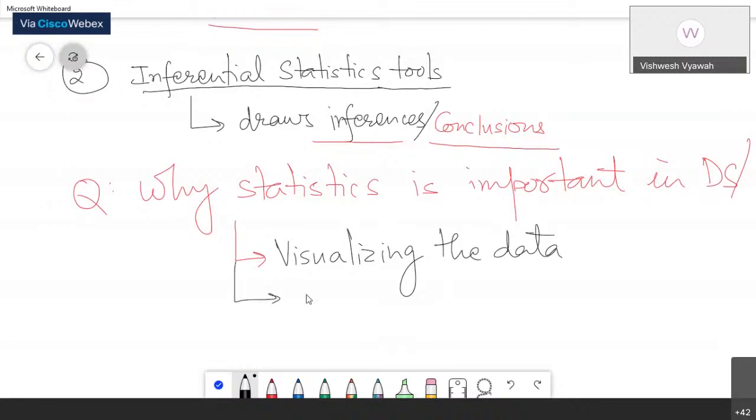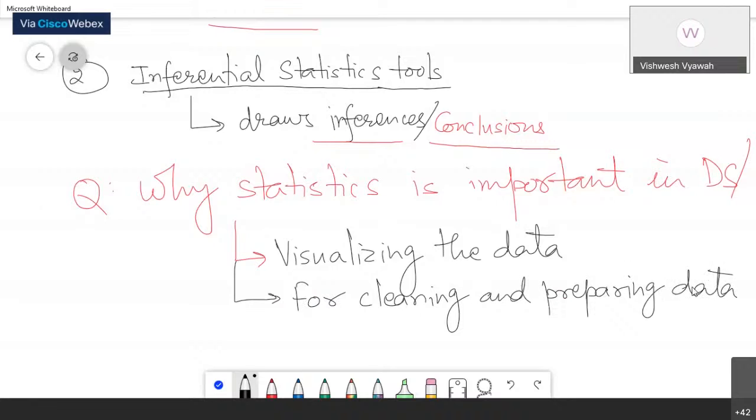The second thing very important is cleaning and preparing data. Because if you don't use statistical tools, you may have very raw data and you may need to clean the data, and you may have to prepare the data for feeding to your data science tool or your machine learning. So this is very important.